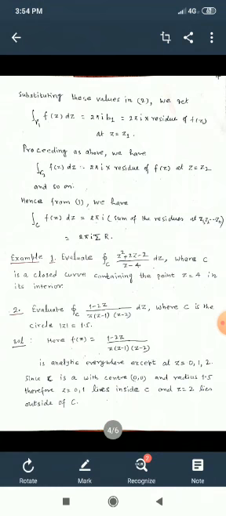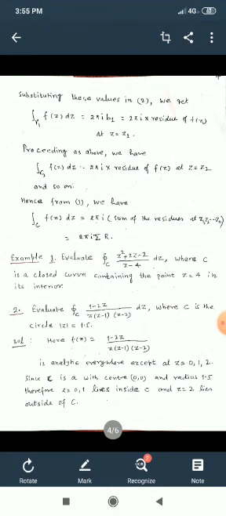Example number 2: evaluate integral over C of (1 minus 2z) upon z (z minus 1)(z minus 2) dz, where C is the circle mod z equal to 1.5. Here f(z) is equal to (1 minus 2z) upon z (z minus 1)(z minus 2). First we check the singular points.